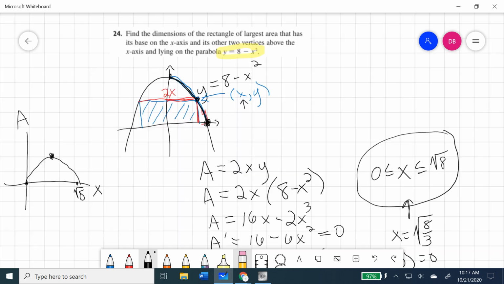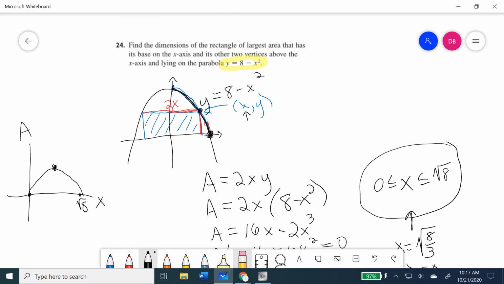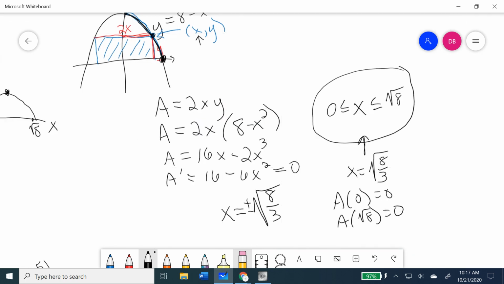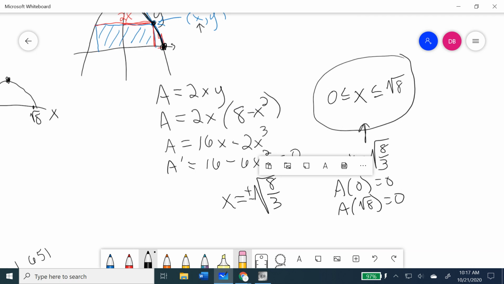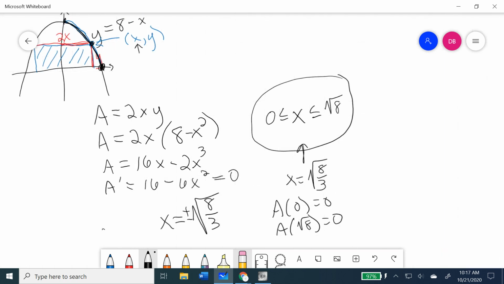Now, the problem wanted us to find the dimensions of the rectangle. So then I know my x value. For the y dimension, I plug it back into the original parabola equation, which was 8 minus x squared.